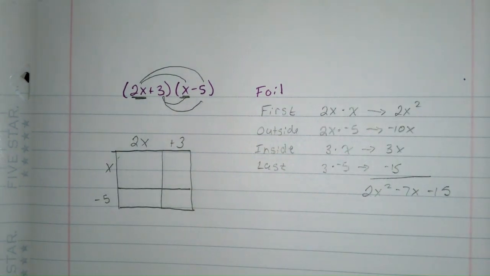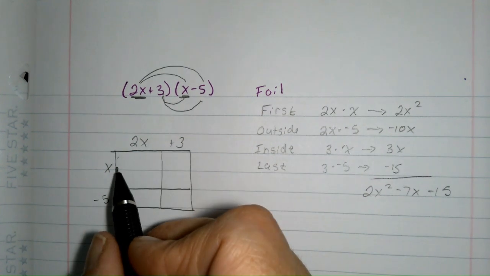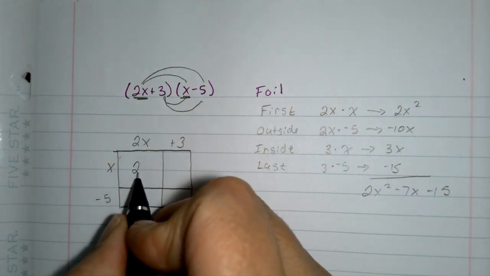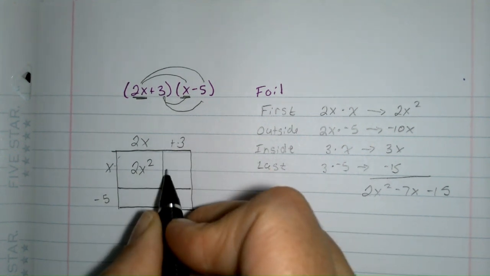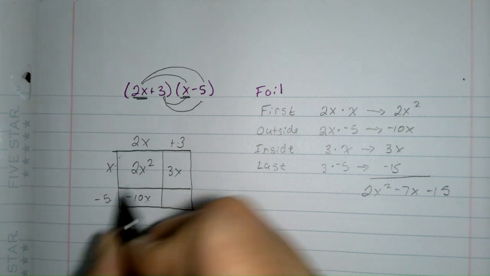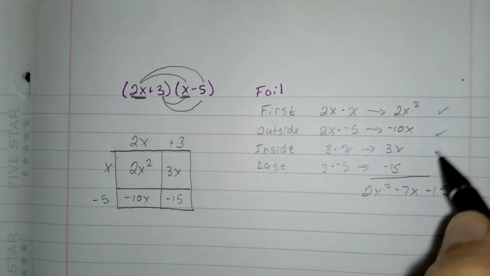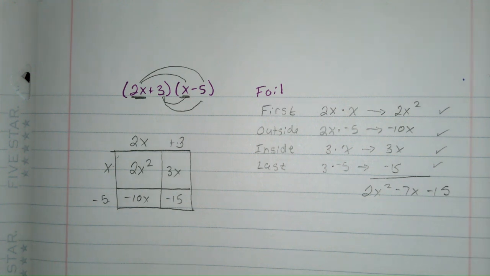If you've watched my factoring video, you would probably be familiar with this box because we utilize it to go backwards. So 2x times x, 3 times x, negative 5 times 2x, and negative 5 times 3. We're getting the same 4 pieces of information. We've just done it in a grid to help us line up.